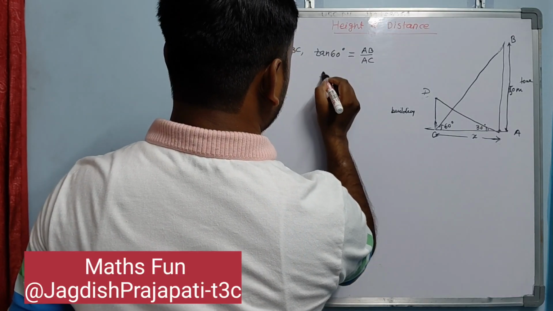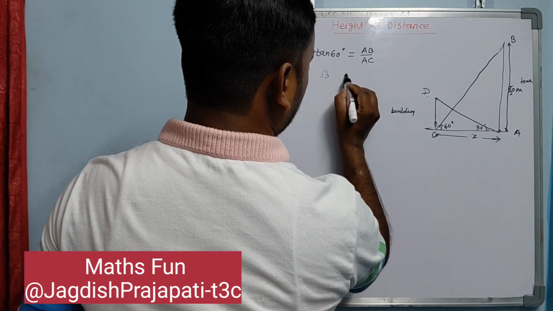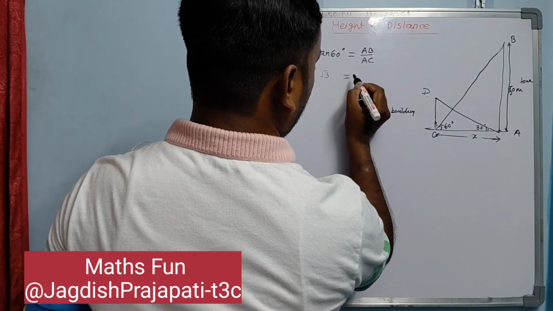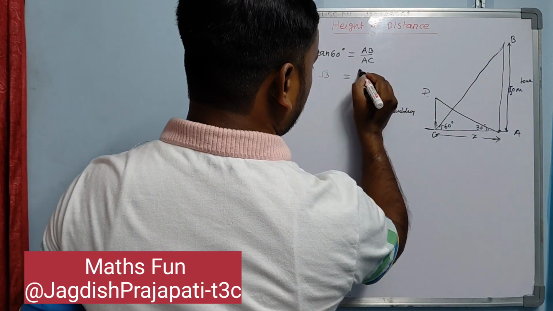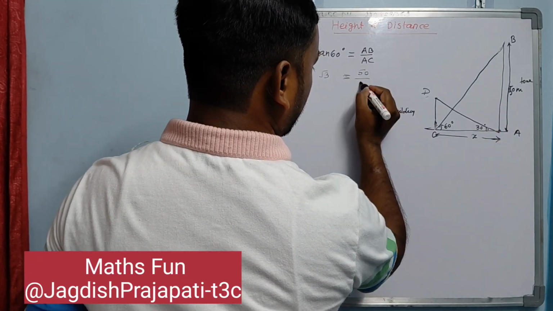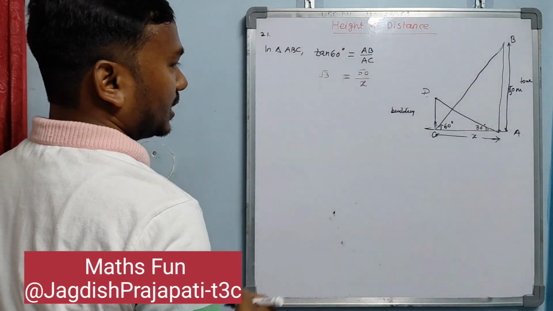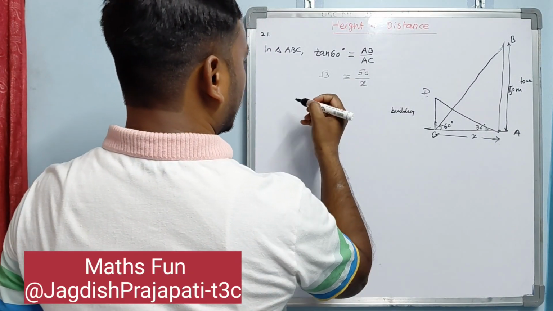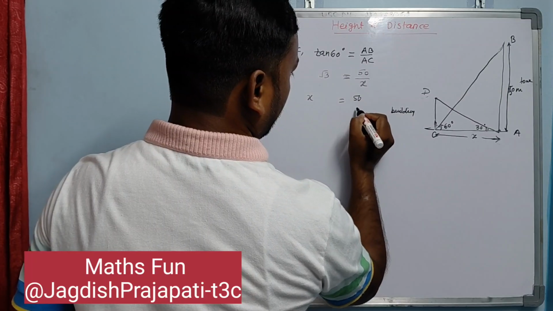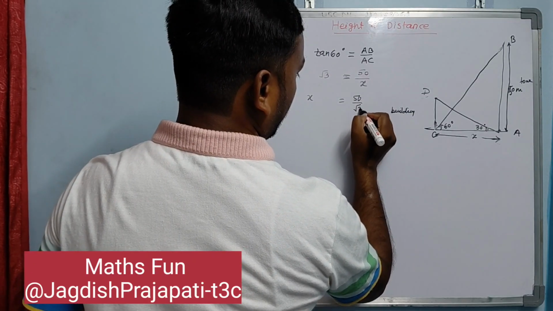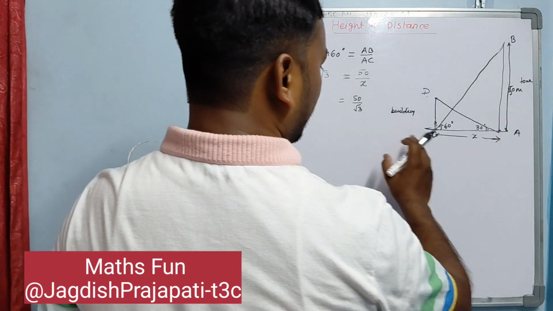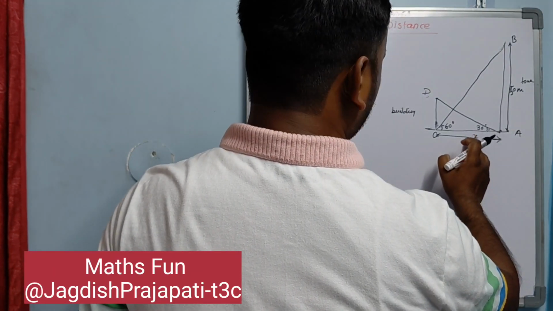Okay, tan 60 is root 3, and this is equal to AB upon AC. AB is 50, this is given, and AC is X according to our assumption. Okay, so X will be 50 by root 3. So this is X. Now we found the value of X.